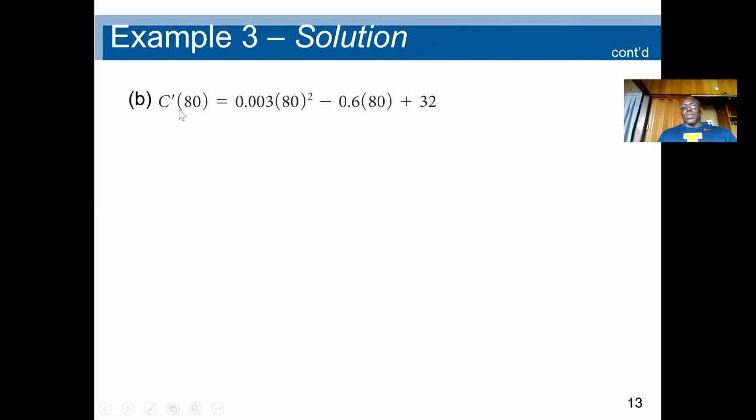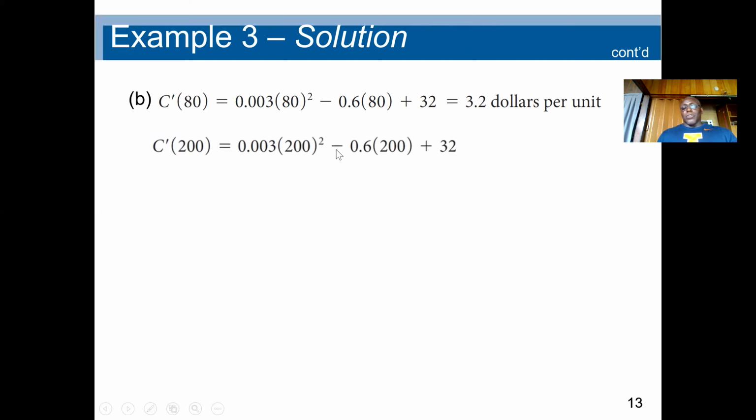So we do the first one, substitute 80, we solve the equation, and we get 3.2. So it will be $3.20 per unit. Then we solve for 200. We substitute 200 for x, we get $32 per unit.